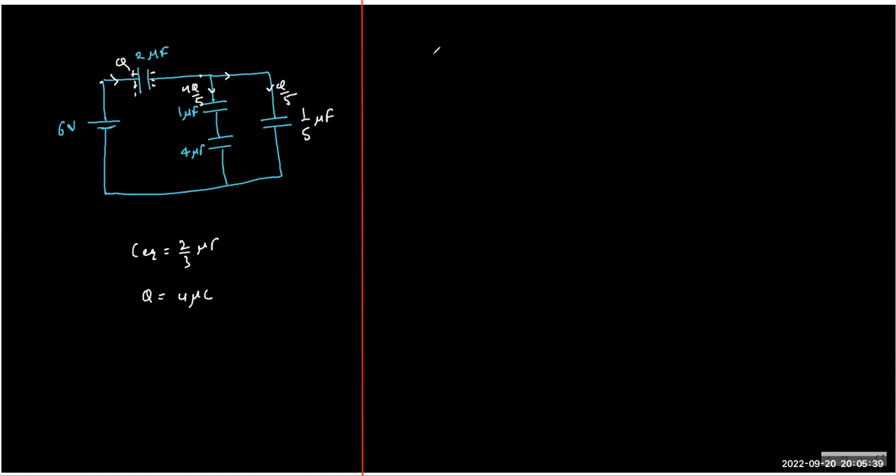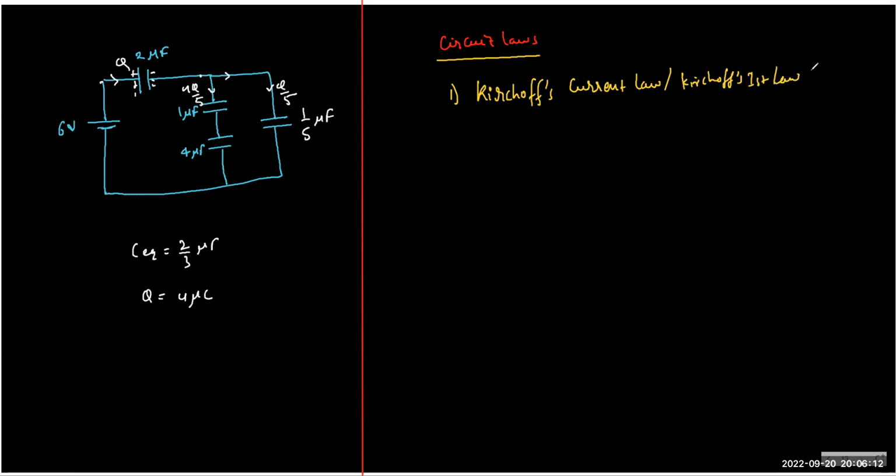Okay, the next topic is circuit laws. We have two circuit laws. The first is called Kirchhoff's current law, also called Kirchhoff's first law, and we can also call it KCL.